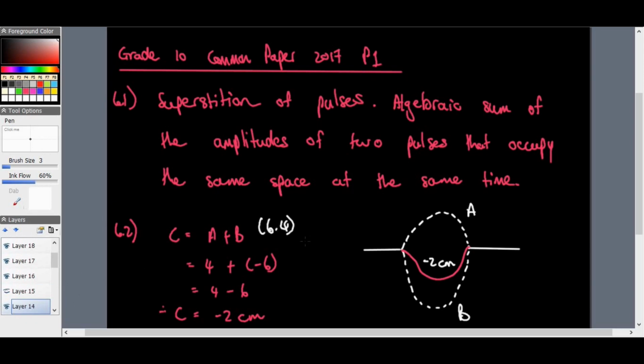That's how we determine the amplitude, by using algebra. Instead of saying amplitude equals, I just said C, which is the middle point there, equals A plus B. C is the amplitude. There you go, you got it. All right, cool. So we already did that.